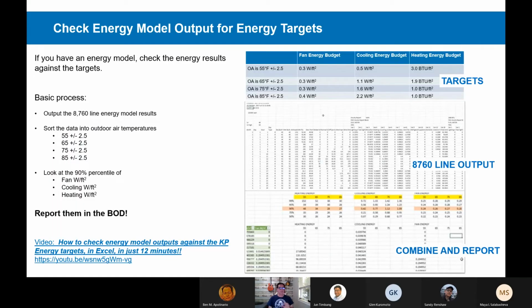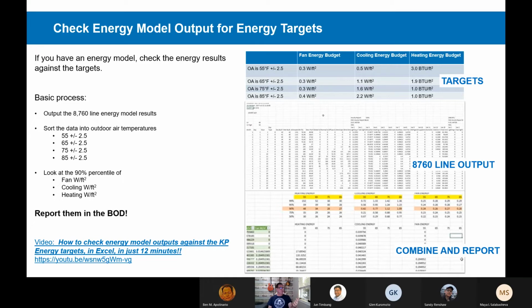So the easiest way to look at energy targets, if you're a design engineer, would be to do it with an energy model. I'll stop right there and say that most of our plant maintenance projects, traditionally, our design engineers don't do an energy model or a load calculation at all. But if you do, then the process is simple. Every load or energy modeling software, including Trace, can output an 8,760 line report.